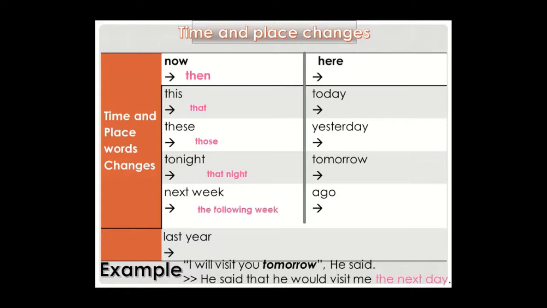Next week becomes the following week. Last year becomes the year before or the previous year. Here becomes there. Today becomes that day. Yesterday becomes the day before. Tomorrow becomes the next day. Ago becomes before. So these are the changes of time and place.